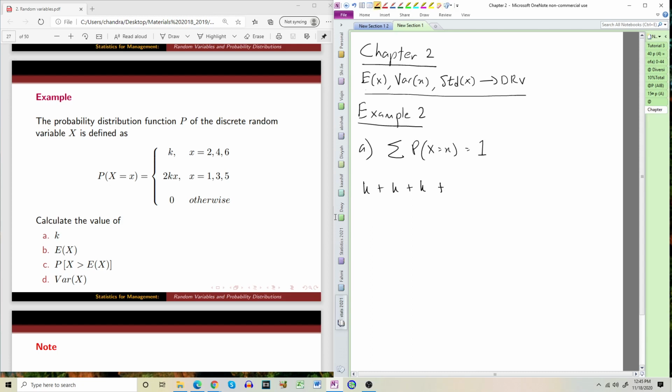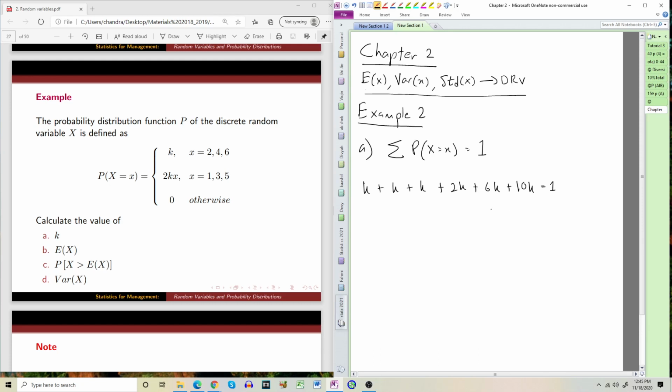Plus, if you put x equal to 1 there, you will get 2k. If you replace x equal to 3, you will get 6k. If you replace 5, you will get 10k, equal to 1.